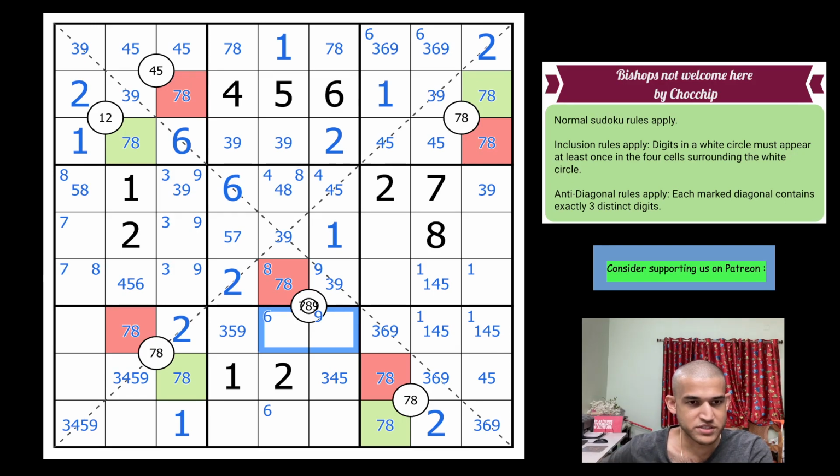Quite a beautiful Sudoku, I'd say. So unless we know where the green 7-8 goes in this box, we can't really open up a way to color these cells. So perhaps I should do the same thing with 3 9s, because there are lots of 3 9s in here.